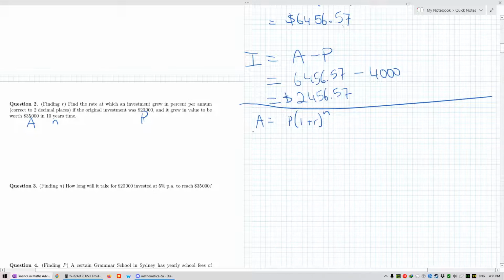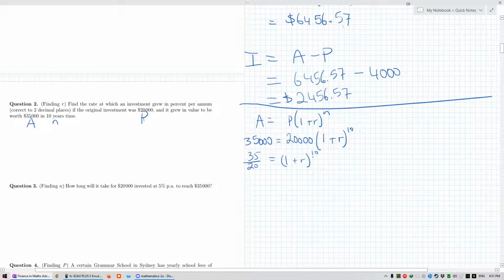So we know A is 35, is equal to P, which was 20,000, times 1 plus R to the N. N is 10. Alright, so we're going to divide both sides by 20,000. So it's going to be 35 over 20 is equal to 1 plus R all to the power of 10.